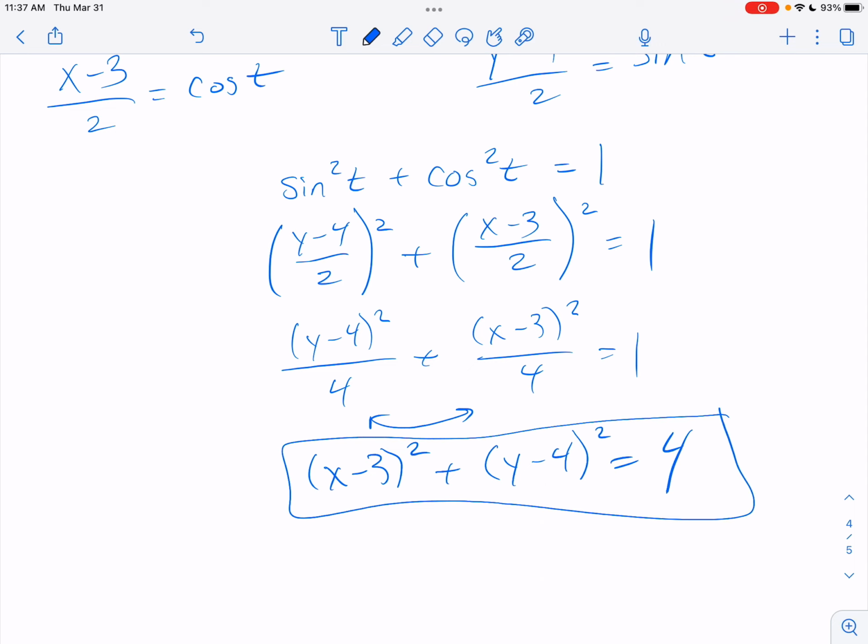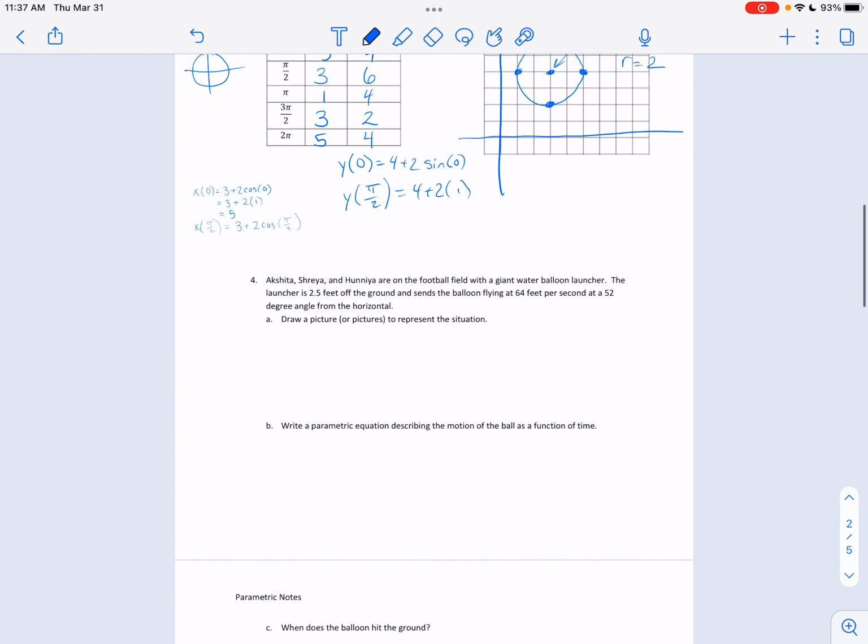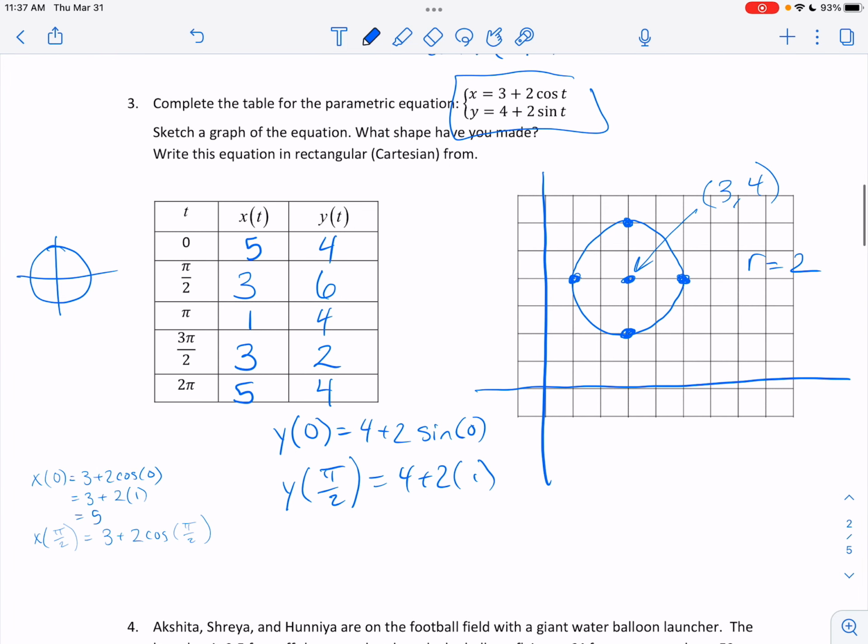And this, ladies and gentlemen, is the equation of that circle. Sure enough, its center is the point 3, 4, and its radius is the square root of 4, which is 2. And there we go. Good luck, go practice.